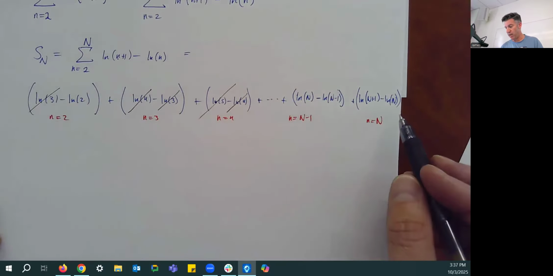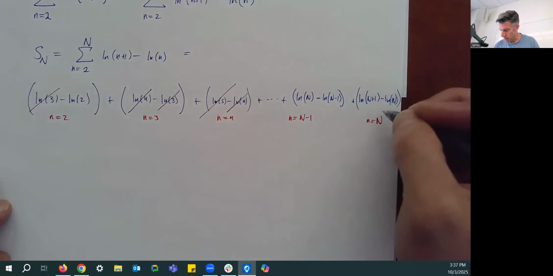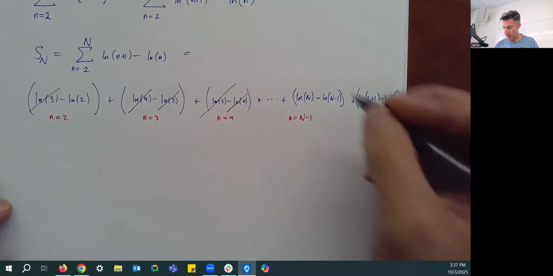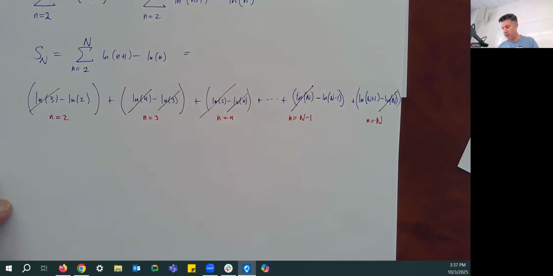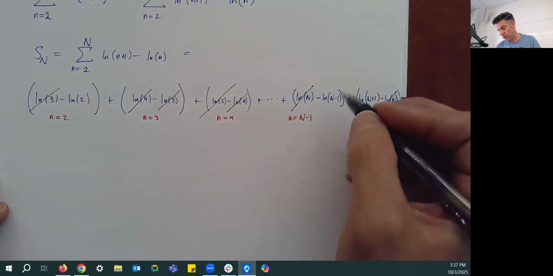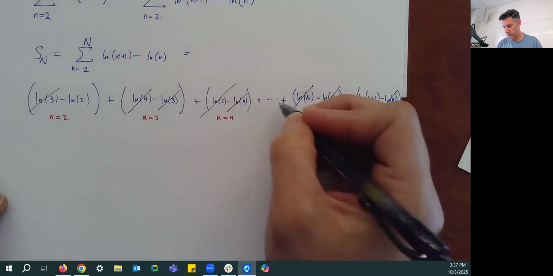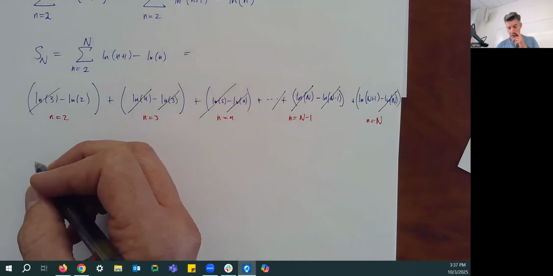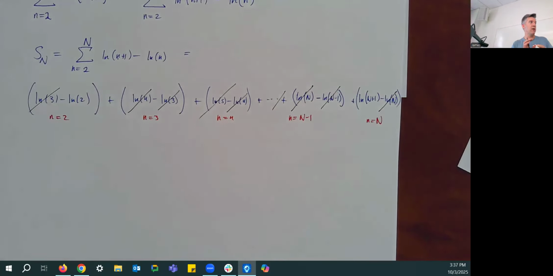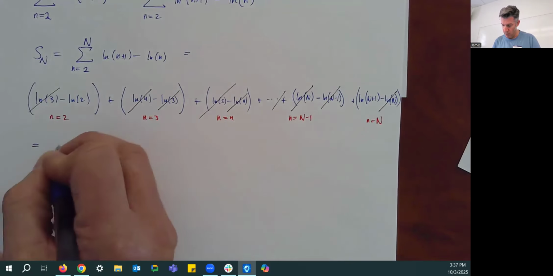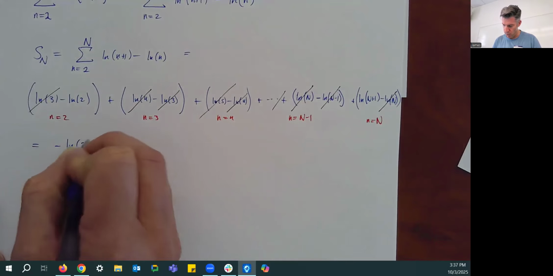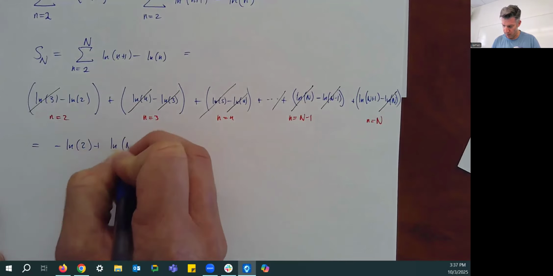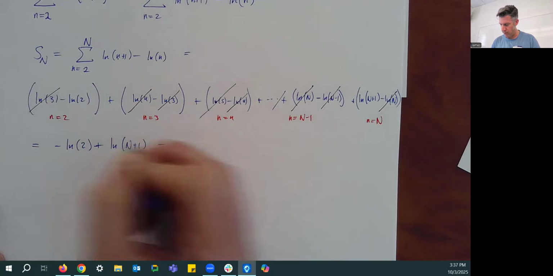All the way to the very end, you have the negative natural log of N canceling with the positive natural log of N before it, and the negative natural log of N minus 1 would have canceled with the positive natural log of N minus 1 that came before it. So when you shrink this all down to the collapsed telescope, this is equal to the negative natural log of 2 plus the natural log of capital N plus 1. Or I would probably write it in the other order.